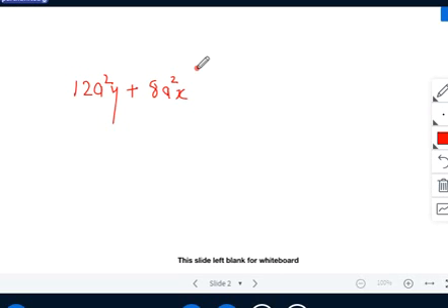So here 4 is common. So 4a, 4a squared you could put, couldn't you? Yes, 4a squared. That's common. And then in brackets 3y plus 2x. Yes, that's right.